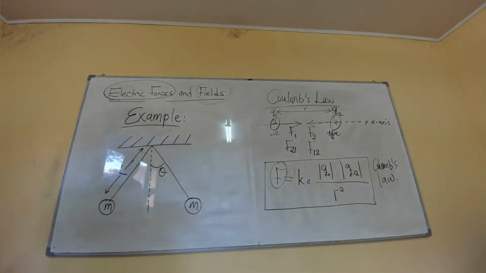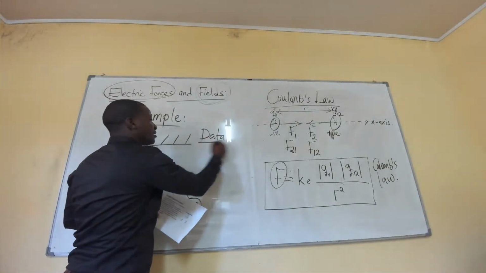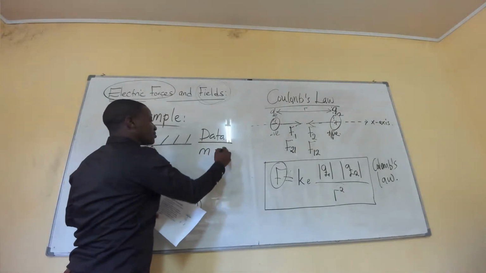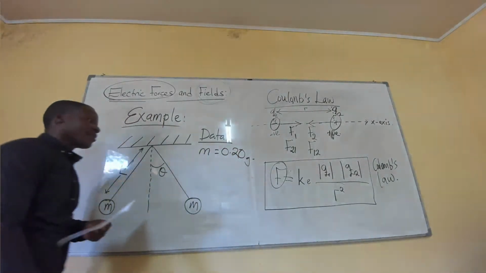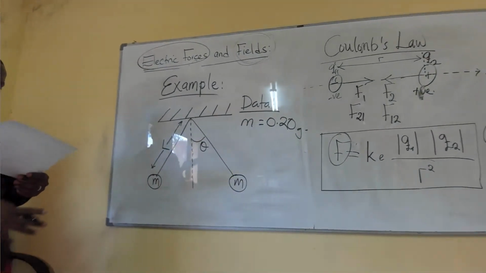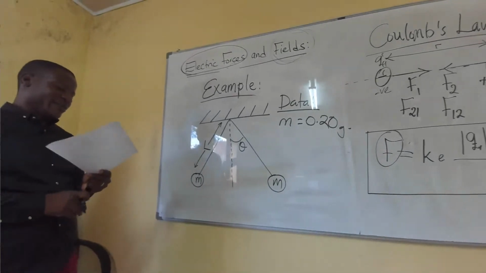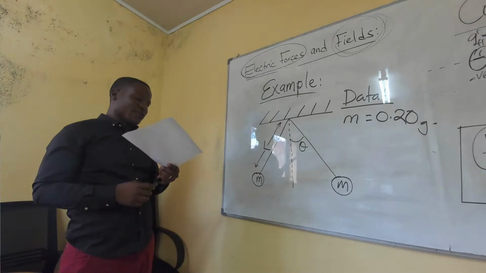Okay. So we're saying two small metallic spheres, each of mass m equal to 0.2, so you have your data here where m is equal to 0.20 grams, are suspended as pendulums by light strings from a common point as shown in the figure.